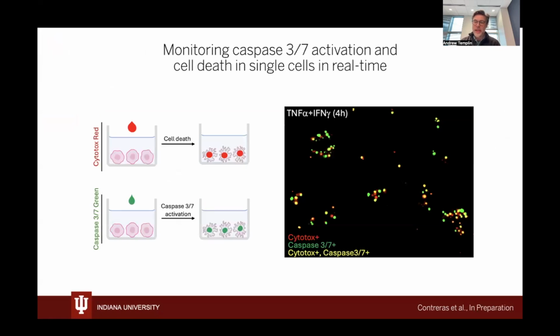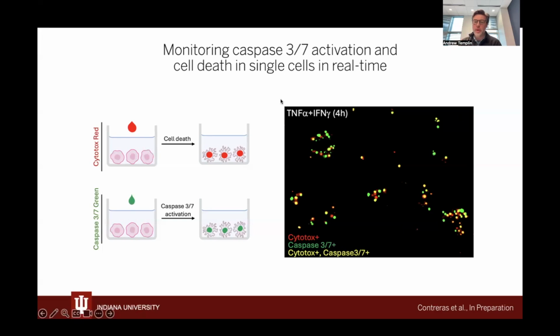So we showed that in principle, the cells don't require caspase activation to undergo cell death, but what about just cytokine stimulation itself? Is that only eliciting caspase-dependent apoptosis, or is it eliciting other forms of cell death? We tried to get at this using a different approach, which utilized Cytox Red, which is another cell death indicator, this time in red, and our caspase 3,7 green indicator that I explained earlier.